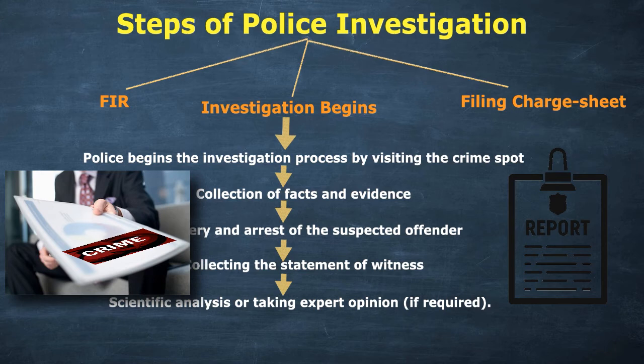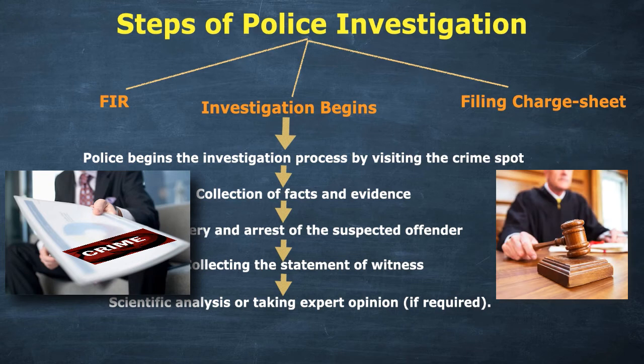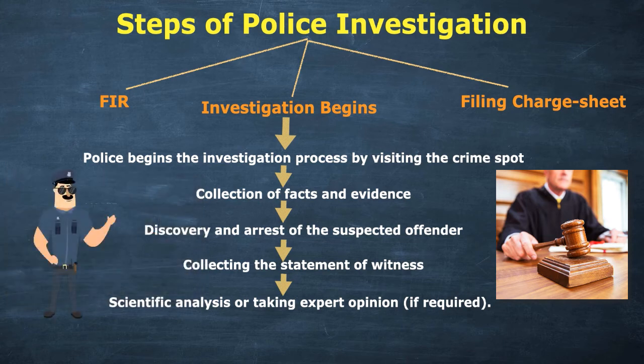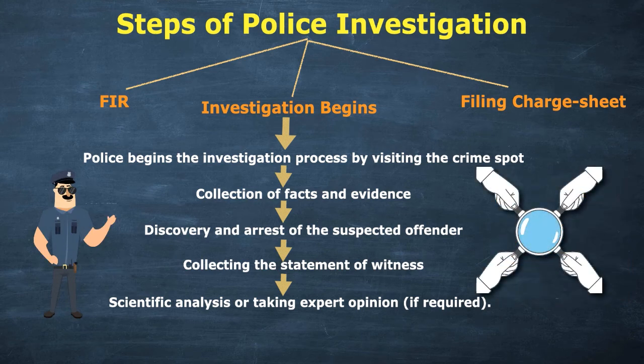After the preparation, he submits it to the judicial magistrate. So this is how a police investigation is normally done. These are the major steps to be followed by a police officer while doing the investigation.